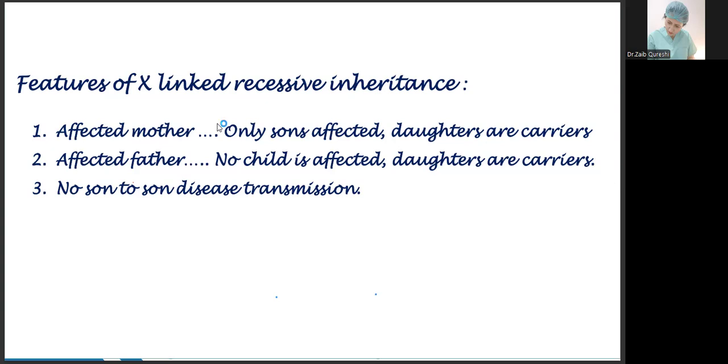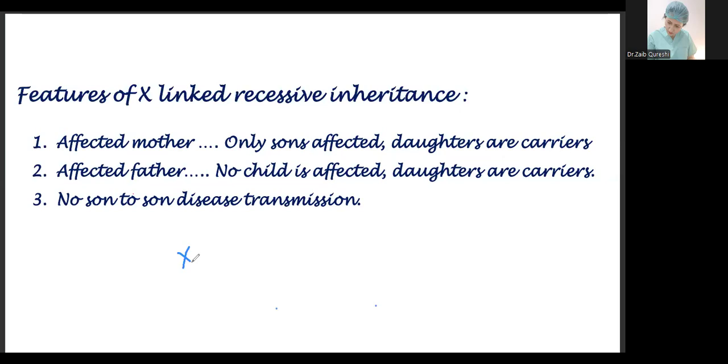What is that difference? That difference is because of having only one X chromosome in a male baby and two X chromosomes in a female baby. Whenever you have only one X chromosome in the genome, every chromosome has its own functions.